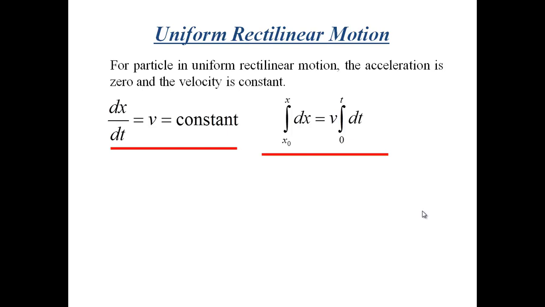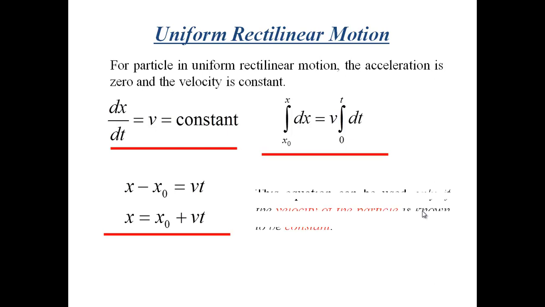When you expand, you will get x minus x naught is equal to v multiplied by t. Rearranging the equation, x is equal to x naught plus v t. This is the equation defining the distance in uniform rectilinear motion.